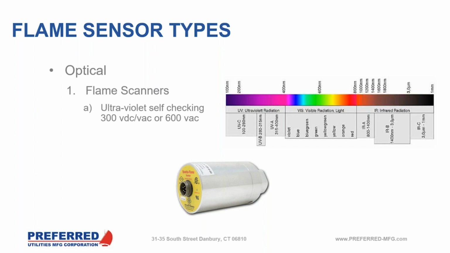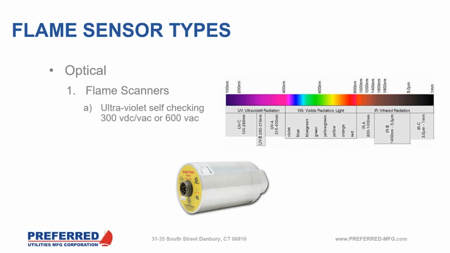What this shutter basically does is operate off a timing circuit so that every so many seconds, it closes off the window or the opening to the sight of the tube. And the flame safeguard looks for that drop-in signal, and it needs to see that drop-in signal. And if for some reason it doesn't see that drop-in signal after a certain period of time, it will lock out, indicating a scanner failure.